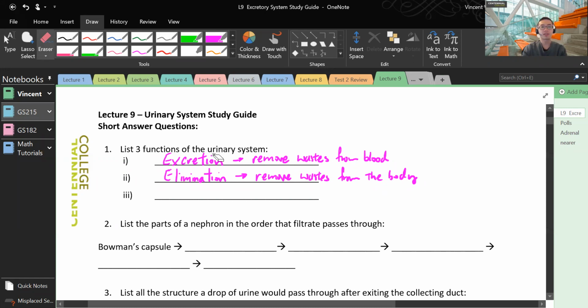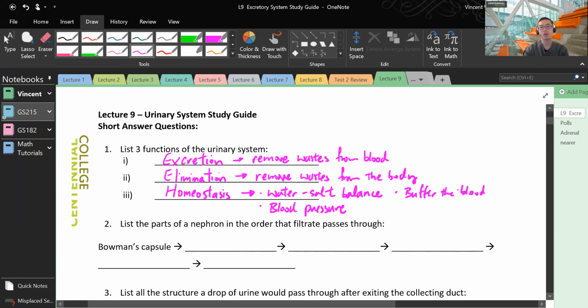And finally, the last function that we talked about in the urinary system is the ability to help maintain homeostasis. Specifically in the lecture, we talk about the ability to maintain water salt balance, the ability to maintain blood pressure, and one more is the ability to buffer the blood.